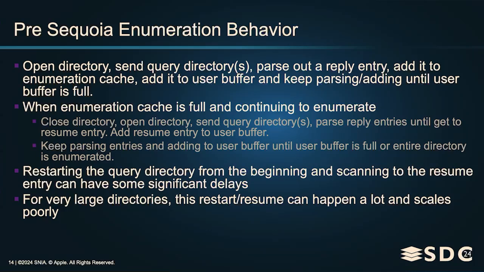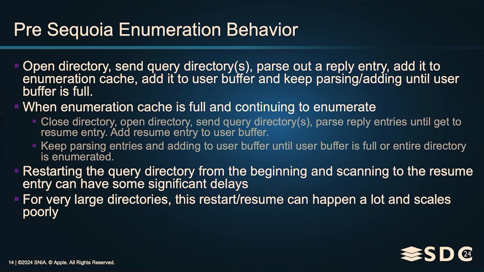So, previous to Sequoia, when we would do enumeration, the client has a local directory enumeration cache, and it can only fit a certain number of entries, based upon how much memory is in the system. The way it currently works is we open the directory, send the query dirs, parse out each reply, add it into the enumeration cache, add it to the user buffer to return, and keep doing that until the user buffer is full, and then we return out.